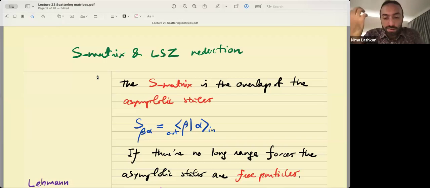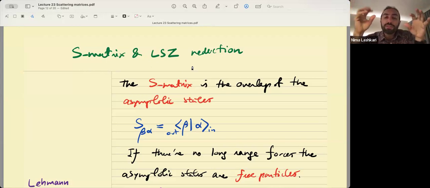So it would be natural to guess that we could relate the S matrix for the 2-to-2 scattering to some on-shell limit of the 4-point correlation function. This is what the LSZ does for you. It takes the 4-point function Fourier transformed to momentum space and then takes something on shell. You'll see there will be a pole, and you extract the residue, and it will be the S matrix. That's the basic idea.